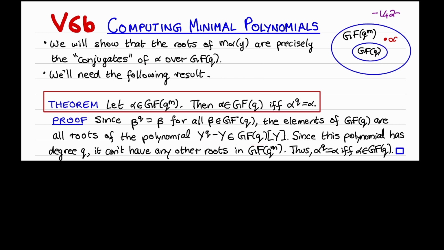Now, the degree q polynomial can't have more than q roots in a field, because recall that each root of the polynomial corresponds to a linear factor, and the degree q polynomial can't have more than q linear factors. Hence, the q elements beta in GF(q) are precisely the set of all roots of this polynomial. It follows that alpha to the q equals alpha if and only if alpha is in GF(q).